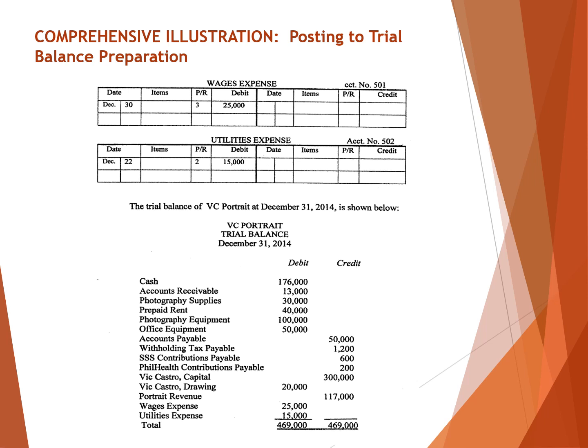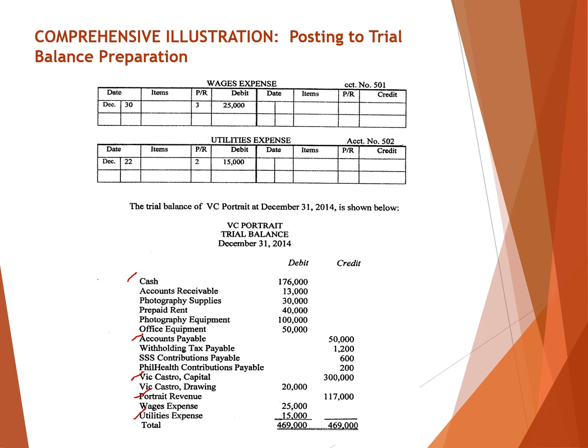Ito naman yung trial balance. O, nakita ninyo? Name of the business, trial balance, tapos yung date. Tapos ito yung list ng account titles. Diba? Nilista nyo lang. Una ay asset, kasunod, liability, kasunod, capital, next, revenue, ang huli ay expense.